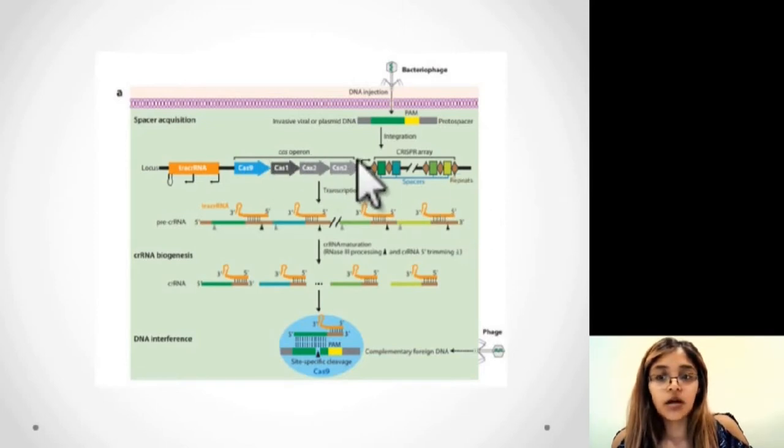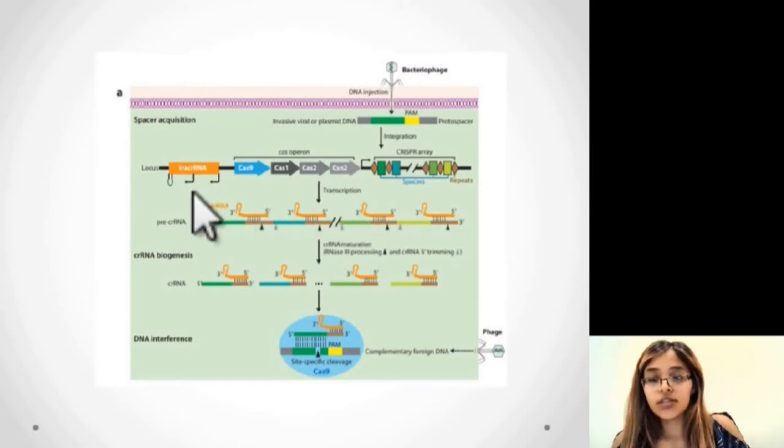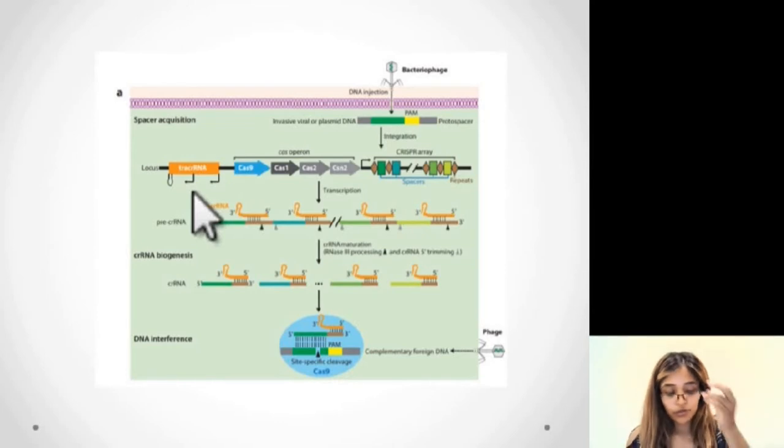And the Cas operon would be here, and then the Cas operon has many Cas genes. And then we have the tracrRNA, which serves as a binding scaffold for Cas9. So it helps Cas9 bind to the desired place in the genome.